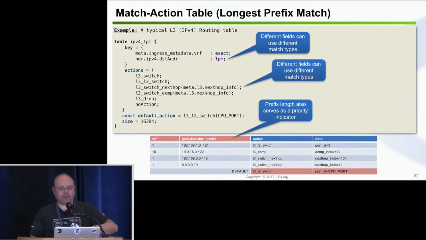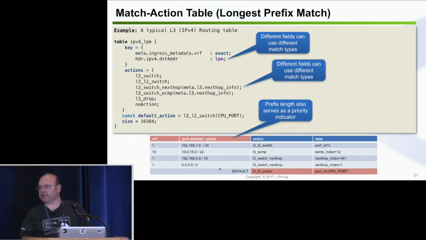And this is how the table will look logically. Now it has the VRF, but the IP address is specified with the prefix length.